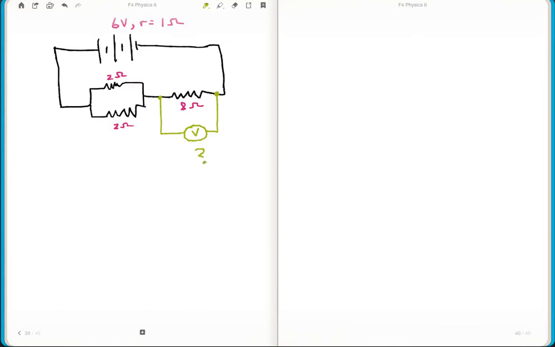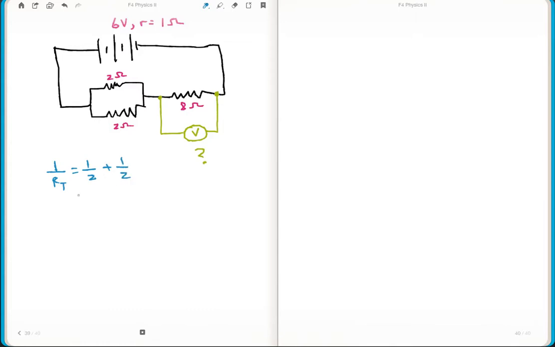What would this reading be? Whenever you come across this kind of question, the rule of thumb is to simplify the circuit into one resistor only. From this parallel part, 1 over RT is 1 over 2 plus 1 over 2.